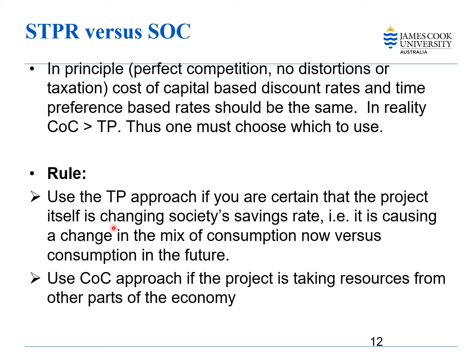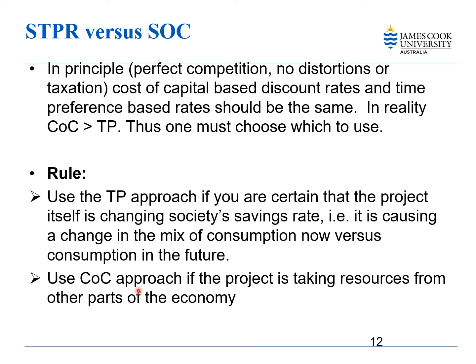So here are the rules. Use the time preference approach if you are certain that the project itself is changing the society's saving rate. For example, if the project we are assessing is superannuation, then it will change the society's saving rate. We want to use the time preference approach, as that is causing a change in the mix of consumption now versus consumption in the future.